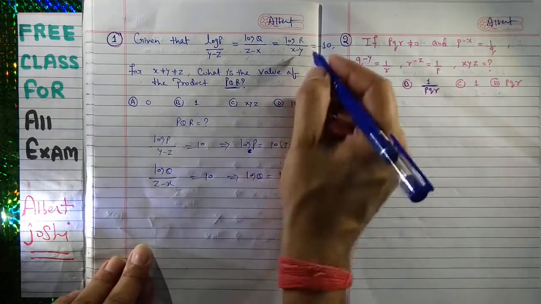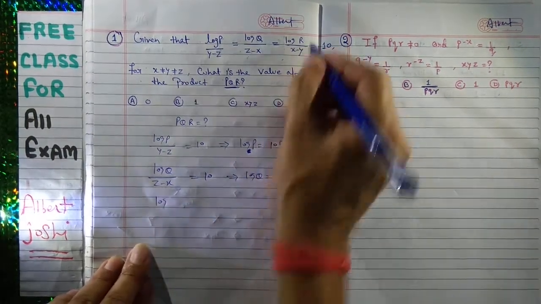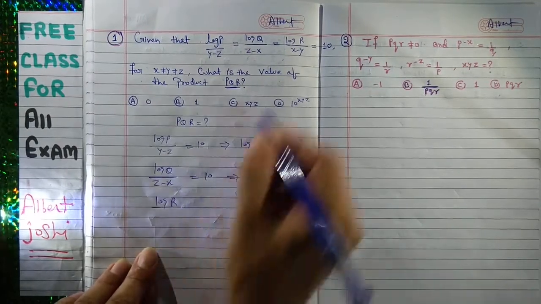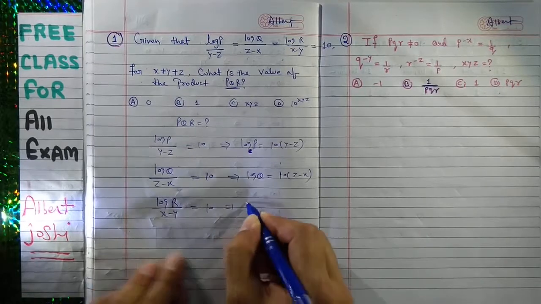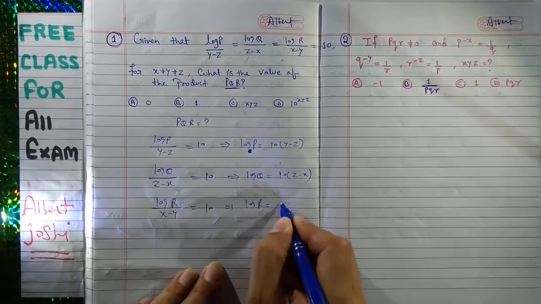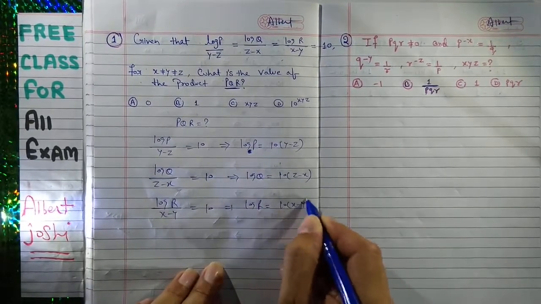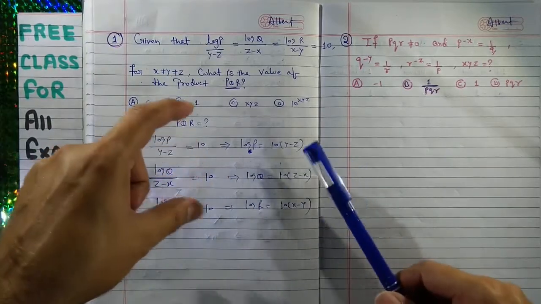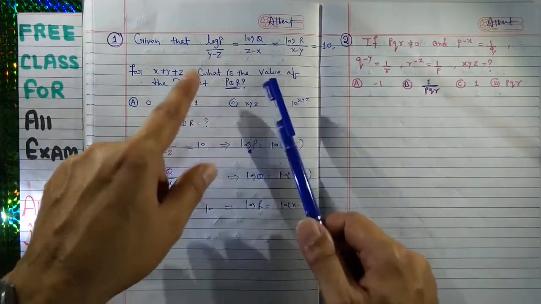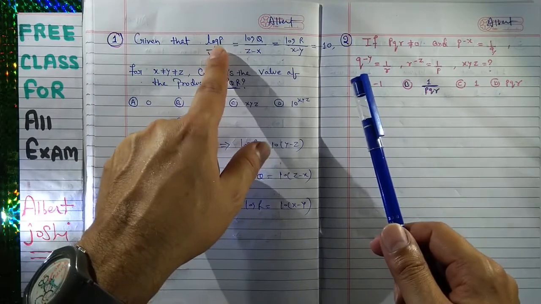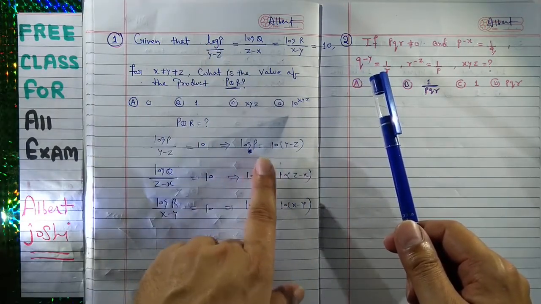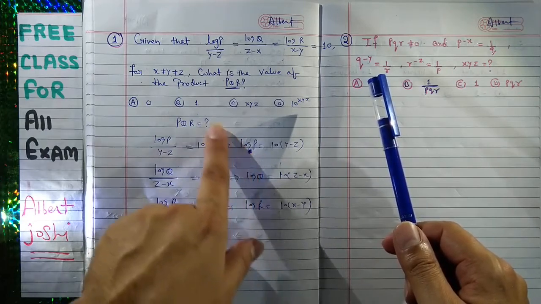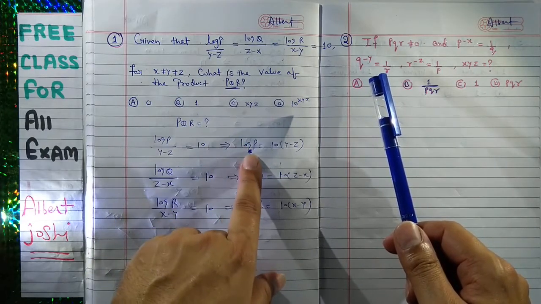Now similarly again log r upon x minus y is equal to 10. It means that log r is equal to 10 into x minus y. Just before we discussed that if they have not given you the base of the log, then in this condition it is your right to take the base as e.